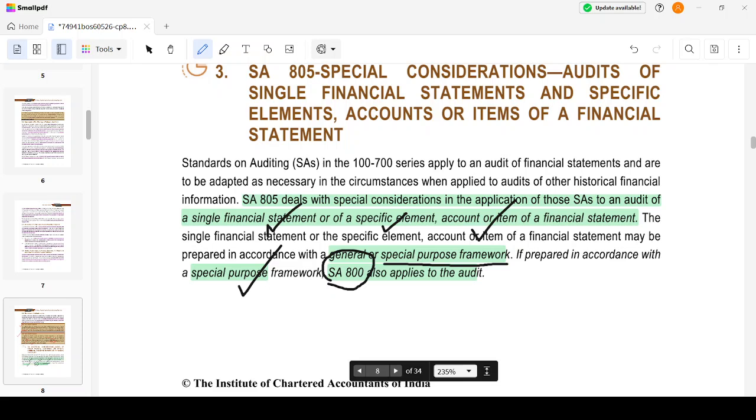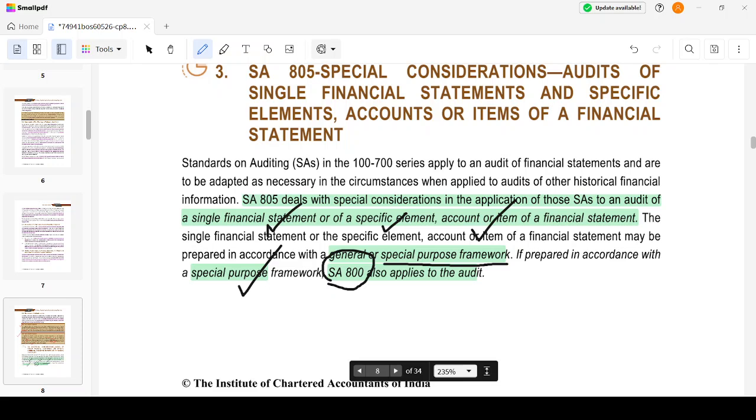A specific element means accounts receivable, or inventories, or trade payables, or the expected credit loss alone, or the litigations alone. So I am going to express an opinion on this particular single financial statement or particular element of the financial statement.